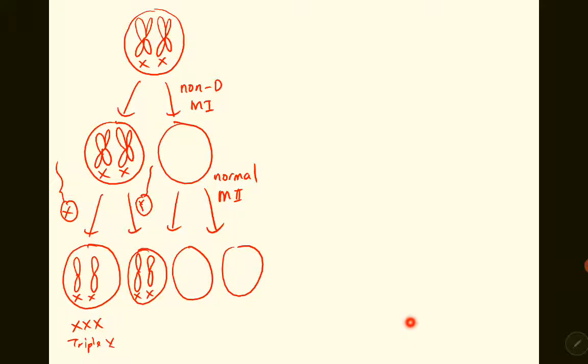If the Y fertilizes the X, then it becomes XXY, which is Klinefelter syndrome. Now this empty ovum, if it is fertilized by X, then it becomes XO, which is Turner syndrome. If the sperm Y fertilizes the empty ovum, then it becomes YO.